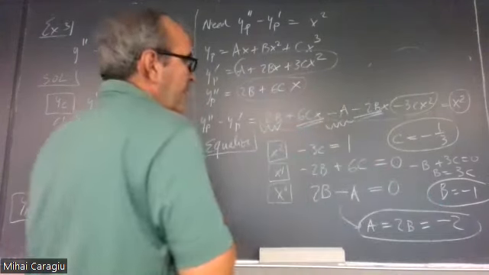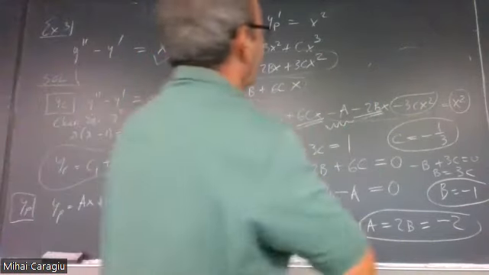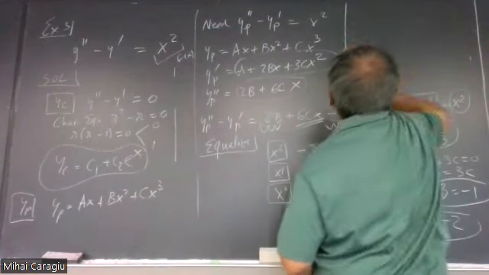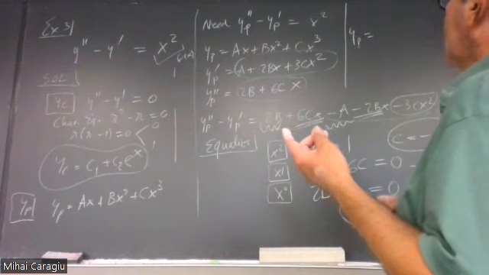So we got a, now the undetermined coefficients became determined. So what would be y sub p? ax plus bx squared plus cx cubed.